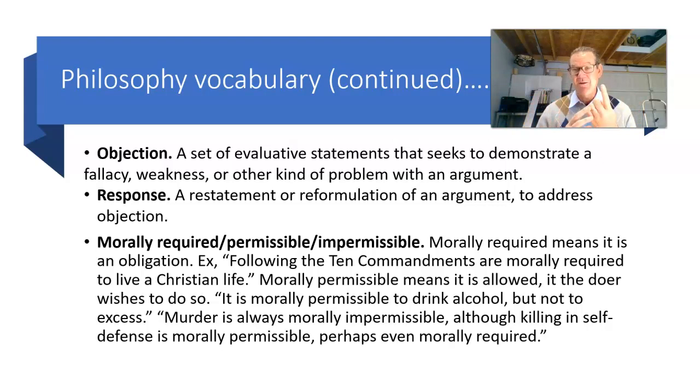Morally required, you have to do this. Morally permissible, you may do this if you so choose. Morally impermissible, you are absolutely positively not allowed to do this, right? In arguments, you almost always sort things into these three categories. Here's things you have to do, here's things you can do if you want to, and here's things you absolutely cannot do, okay?